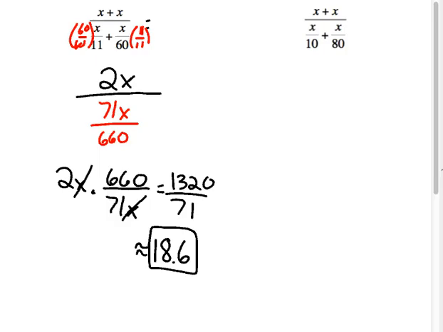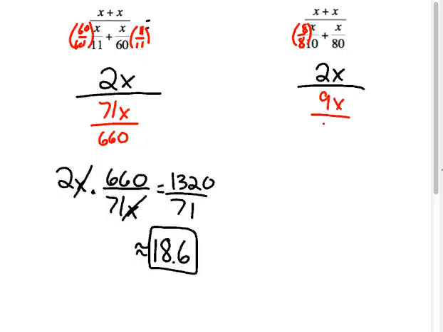Let's see what the other option would give. So the other option, the numerator is again just 2x. Now here, the 10 and 80 already have something in common. Okay, so this time, only this one needs to be altered, right? Because now I already have the 80. So 8x plus 1x is 9x.